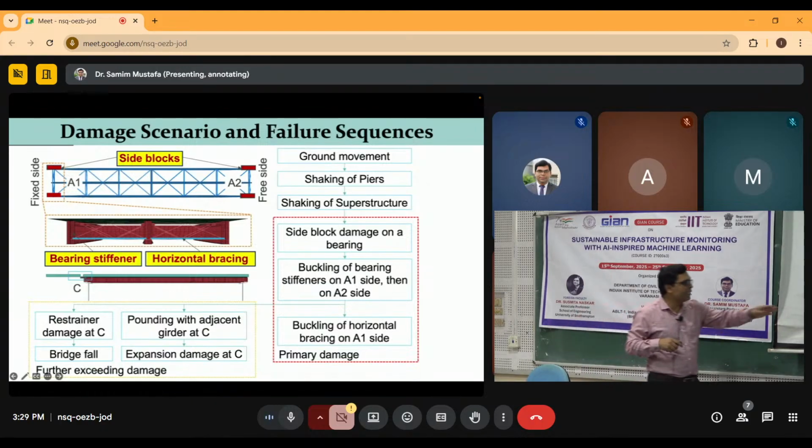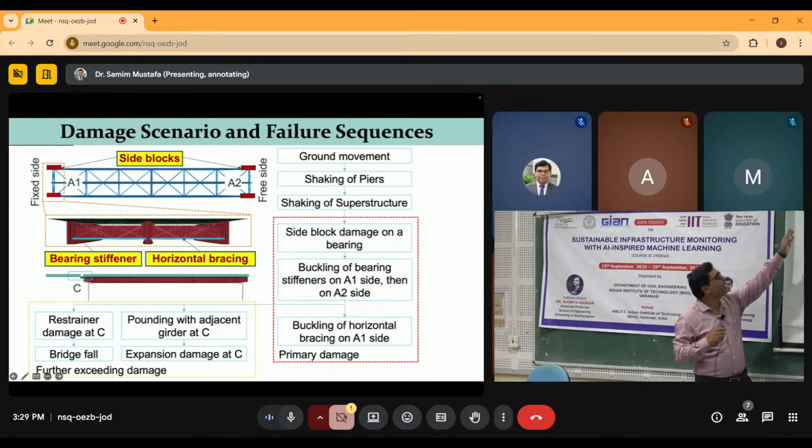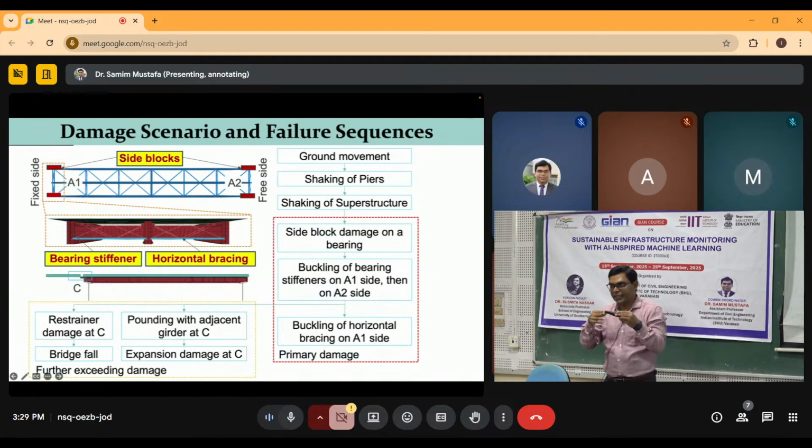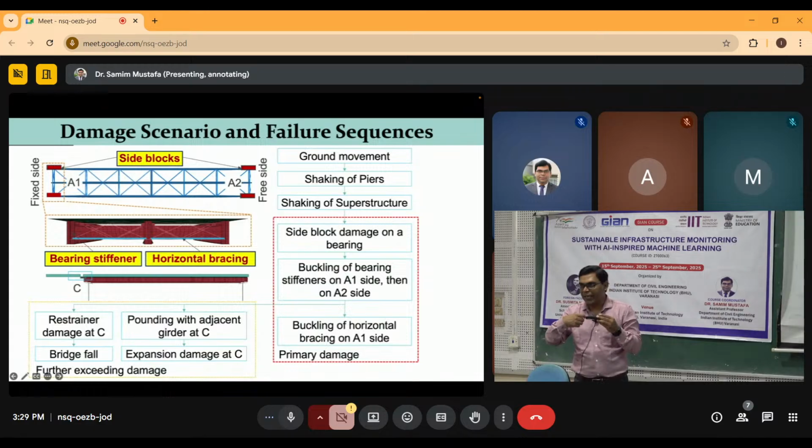Further exceeding damage will bring the pounding effect. Suppose one bridge has multiple spans connected, with a gap between the two spans. Failure at that gap will occur because of the pounding effect. There are two reasons.